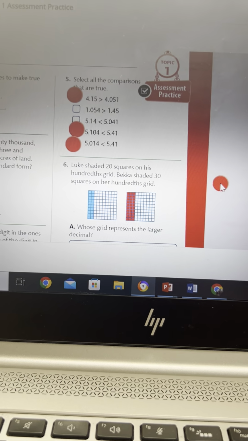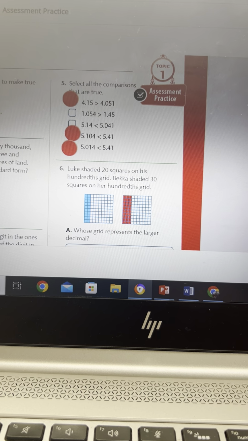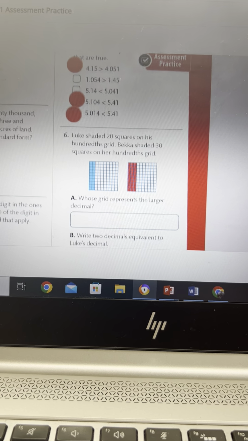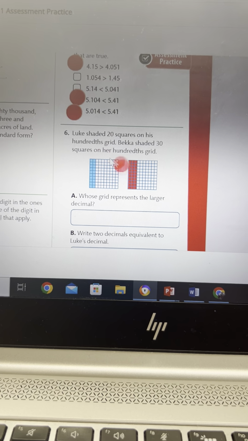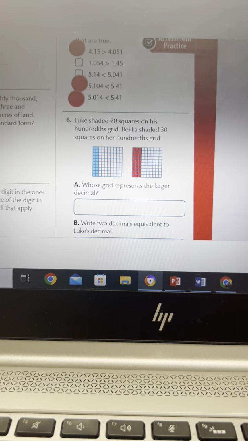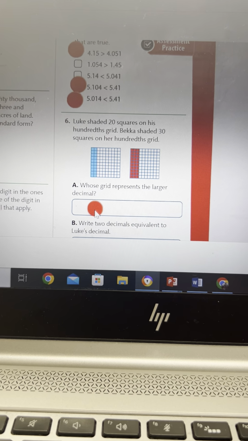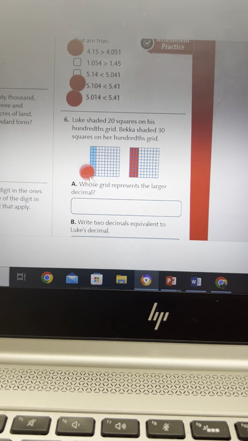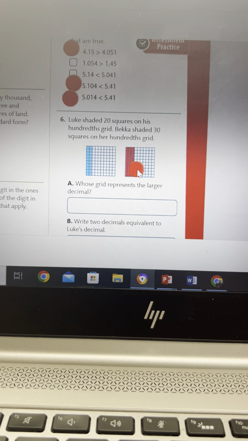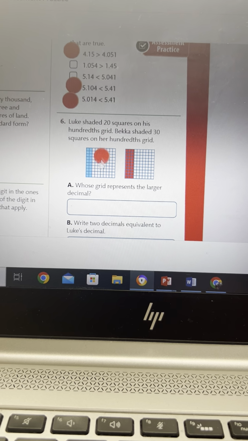The next one is about these shapes right here, and it's talking about this block. This block is actually a hundredths block, and each row of colors is a tenth, okay? So this is Luke's side and this is Becca's side. So 20 equals 2 tenths.